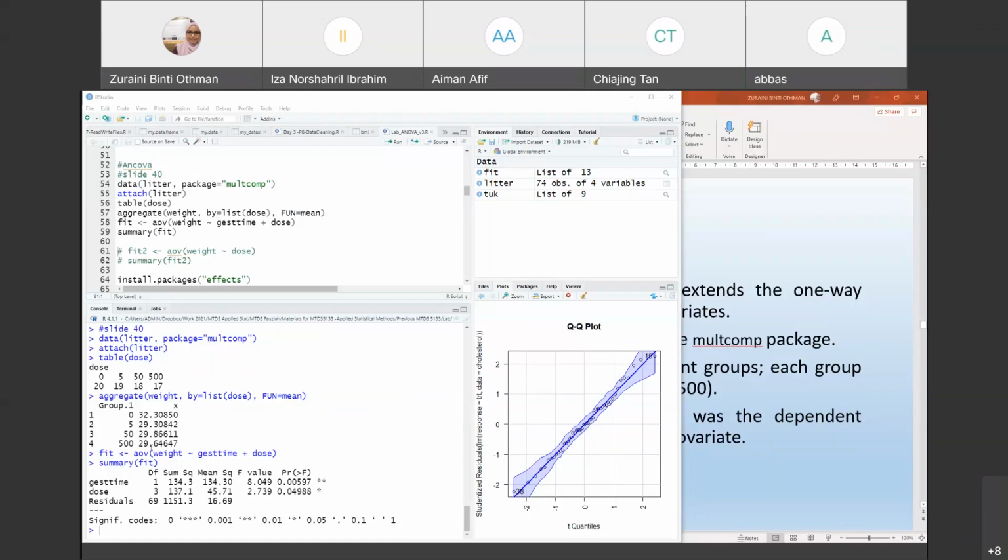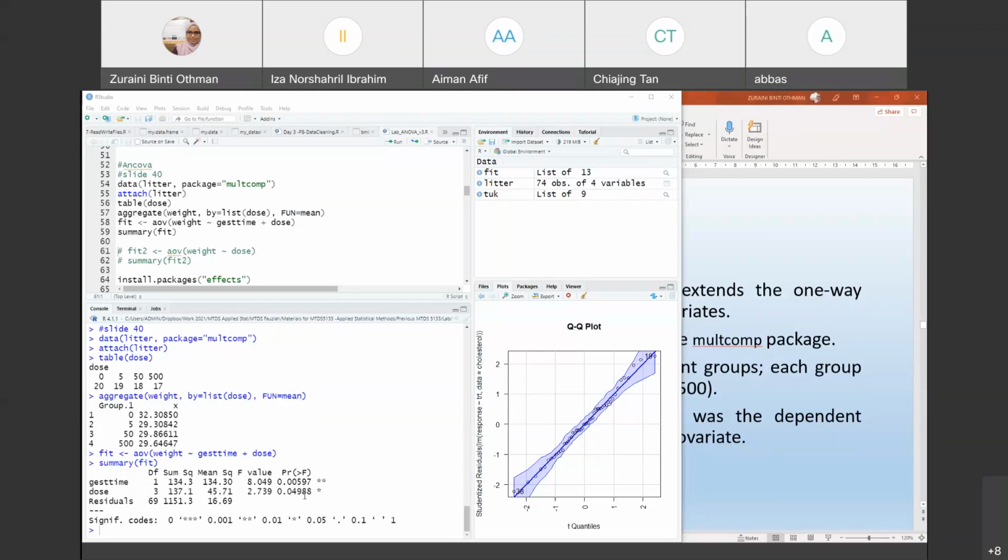Then when we are doing the ANOVA F test, it indicates that we add the covariate gestation time into the factor dose, right? Then gestation time was related to birth weight.